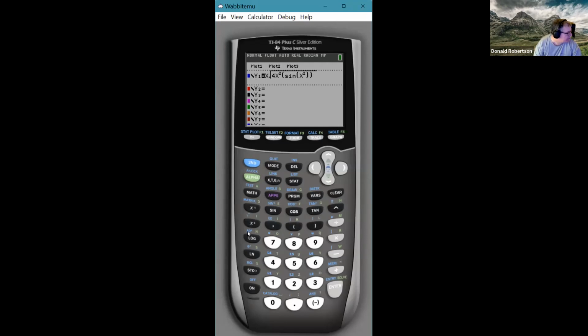Close that bracket and then square it. So that's what 4r squared all squared looks like. And last but not least, add a 1. So that's essentially the same equation that I had with all the r's in it. I've just turned all the r's into x's.